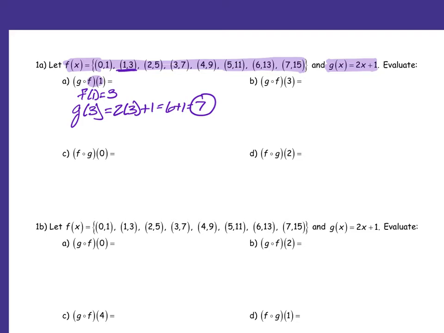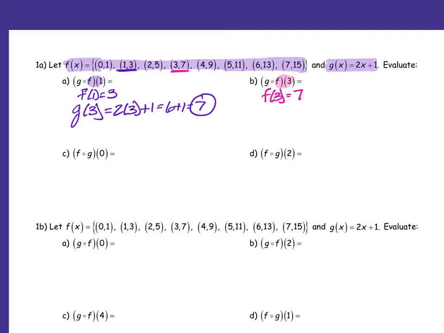Okay, we're going to do the same thing, we're still starting with f. So this time I want to find f of 3. So again, I'm going to go to my ordered pairs and find x equals 3, which is this one. So when x is 3, y is 7.